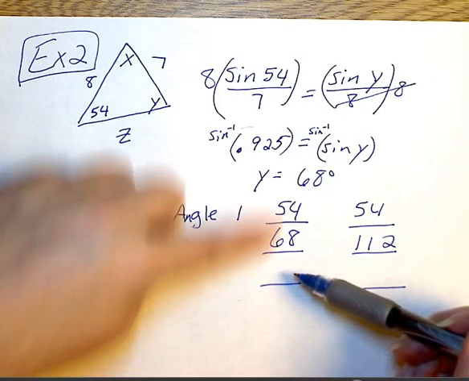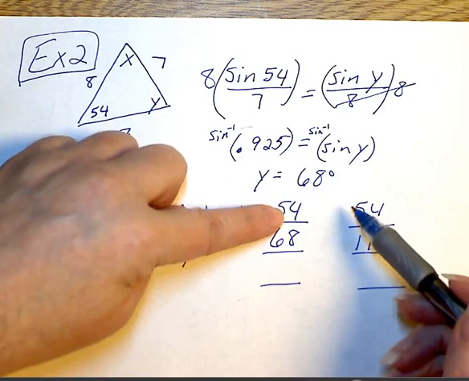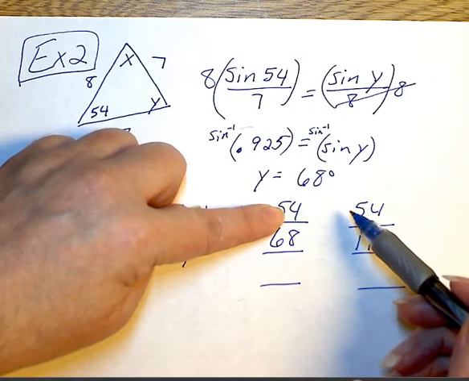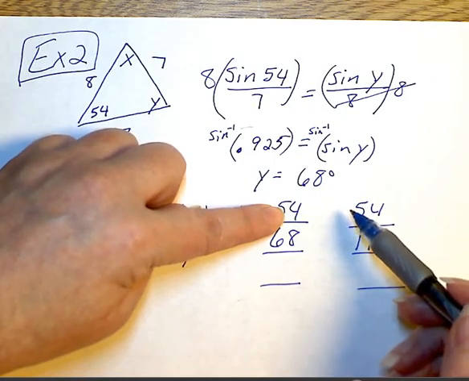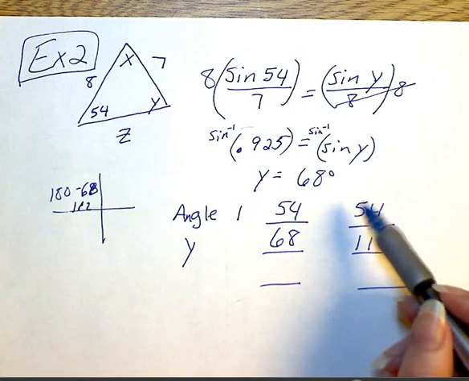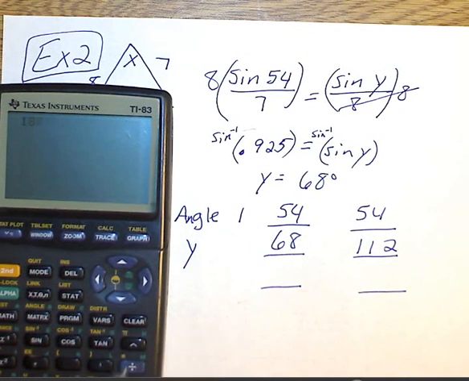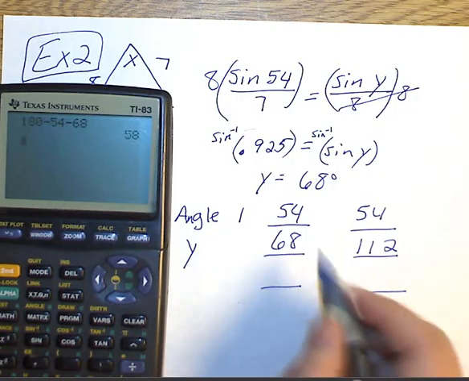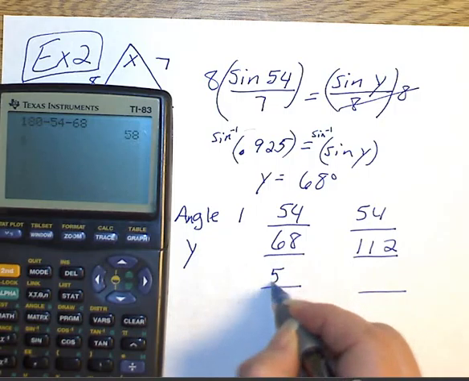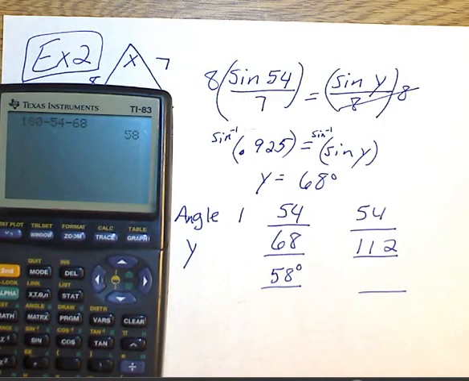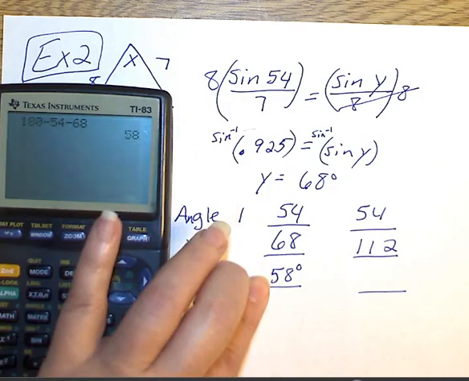If these two together add up to 180 or higher, you know it's not a triangle. So let's go through. We have 180 minus the 54 minus the 68 gives me 58 degrees. So this is definitely a triangle.